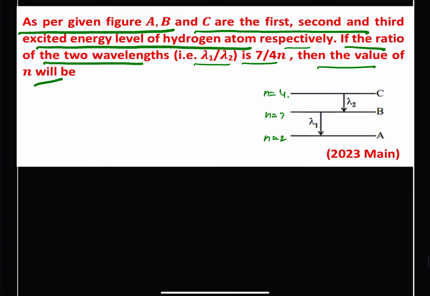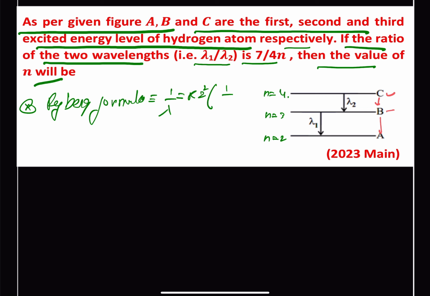So we have to find the ratio of two wavelengths. First transition is from C to B and the other transition is from B to A. So we can use Rydberg formula for the respective parts. Therefore our Rydberg formula gives us 1 upon lambda is equal to R Z square into 1 upon n1 square minus 1 upon n2 square.